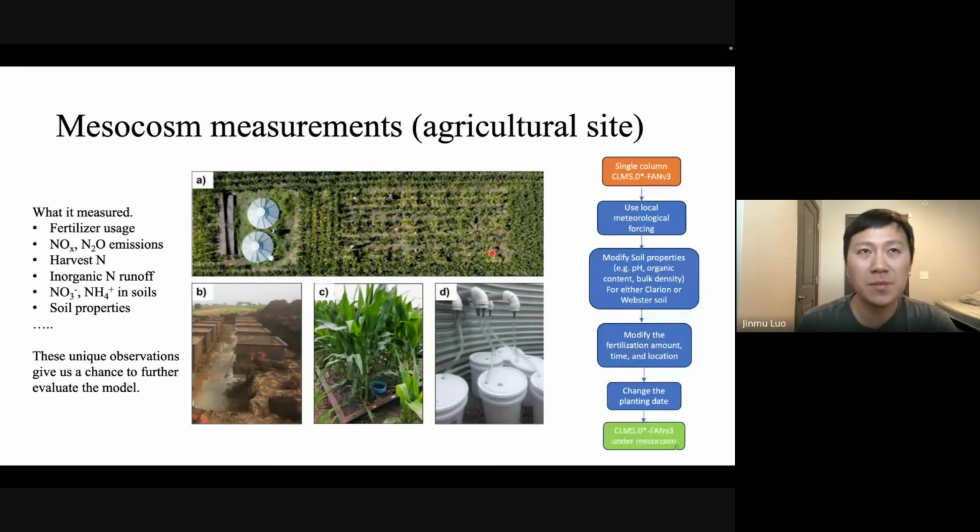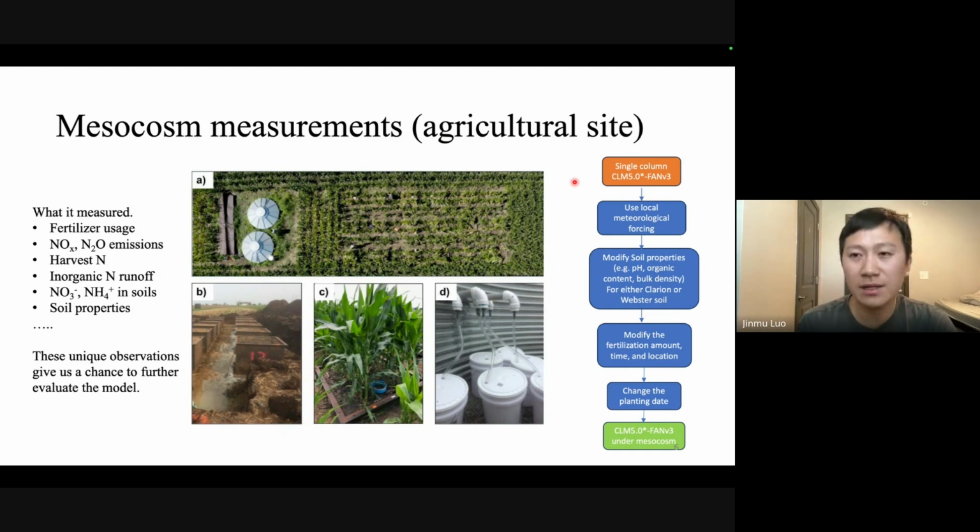In order to compare with and evaluate CLM, the first thing we need is to set up a single-column CLM model combined with our FAM model. Several modifications have been made to the CLM single-column model. For example, we should guarantee the observations and the model have the same climate forcing, like precipitation and temperature.